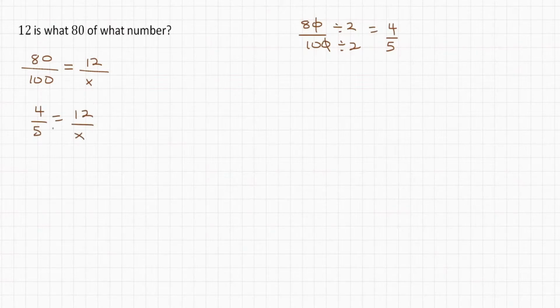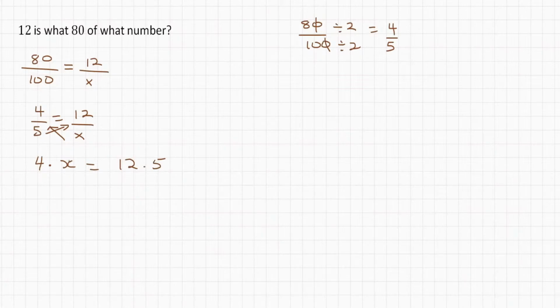So now let's go ahead and do our cross product. So 4 multiplied by x is 12 multiplied by 5.